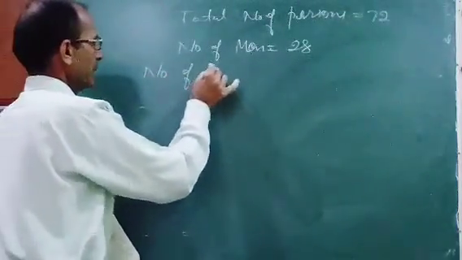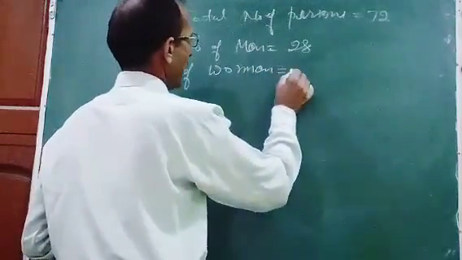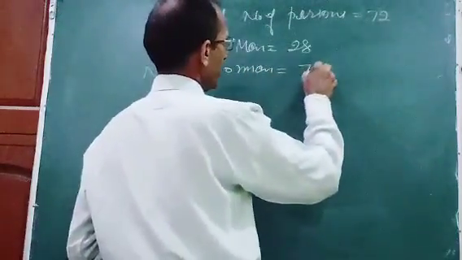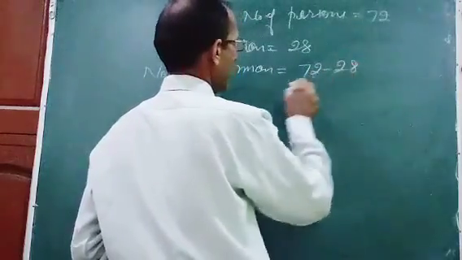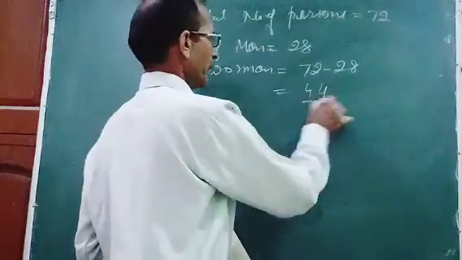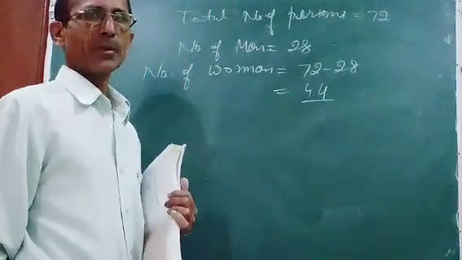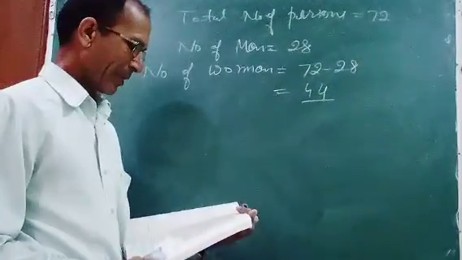Number of women: 72 minus 28, that is 44. 44 are women.